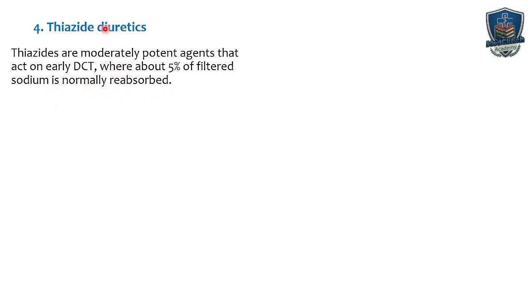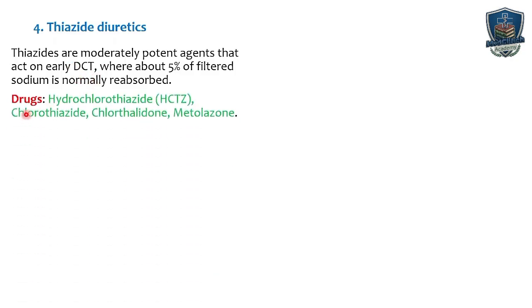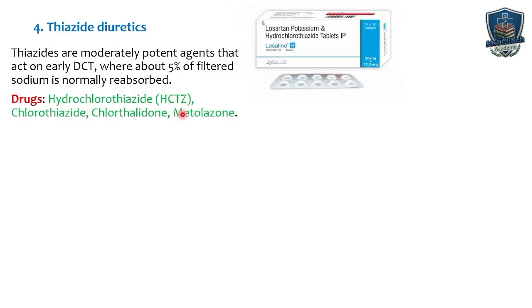The drugs that fall under this category are hydrochlorothiazide. Thiazide is the suffix that you have to see in this drug. So we have hydrochlorothiazide, chlorothiazide, we also have chlorthalidone and metolazone.